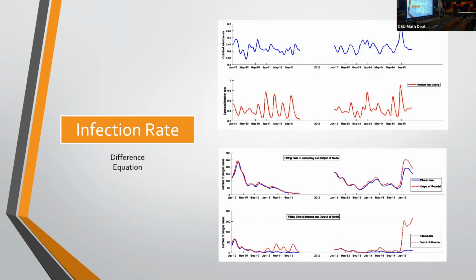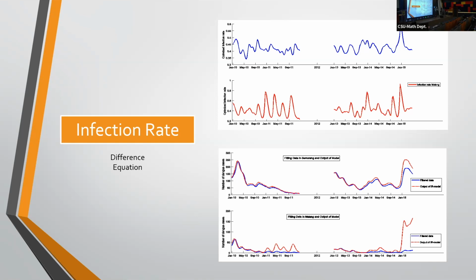And how about the difference equations? We have an unfitted result using the difference equation. The pictures above show the infection rate for Semarang and Malang from the difference equation, and the pictures below show the fit between the parameters and also the model.